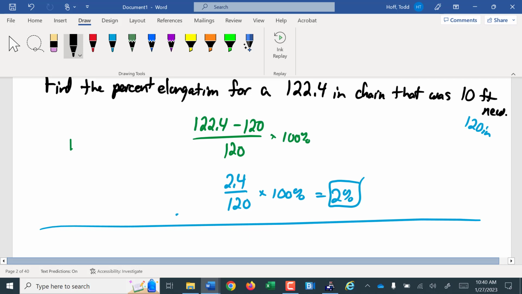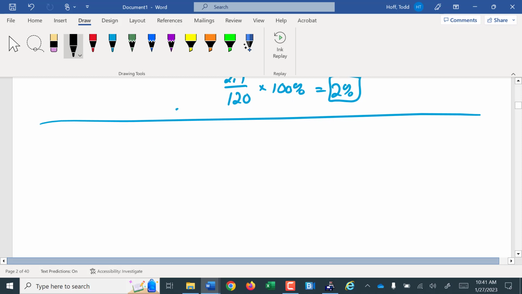In practice, rather than doing this calculation all the time, a lot of times we want to look at finding the maximum working length or worn length of a chain.